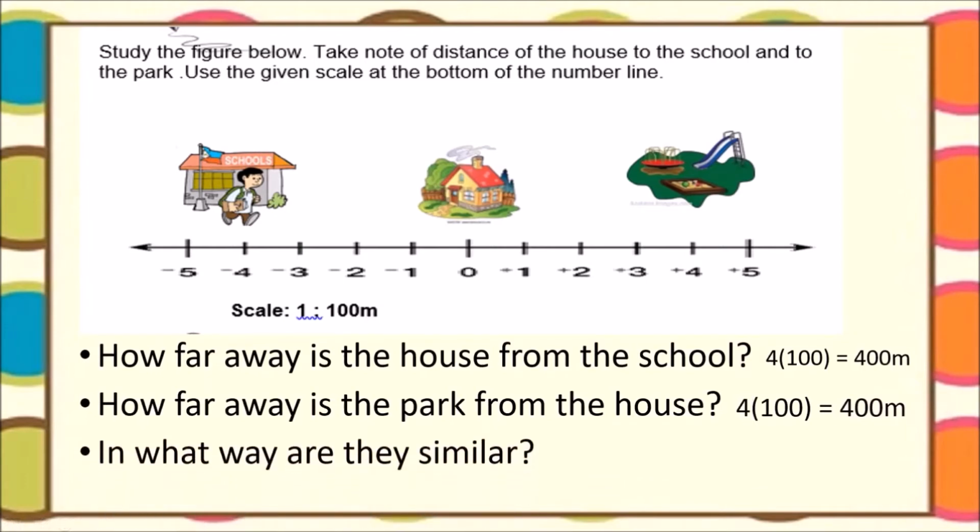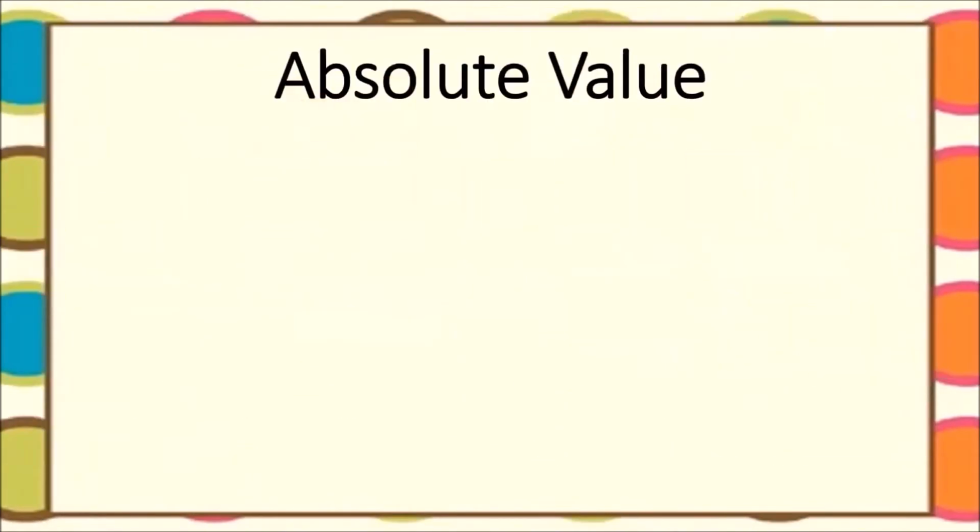So from this, in what way are they similar? They have the same distance from school to house and from house to park. Same with 400 meters.